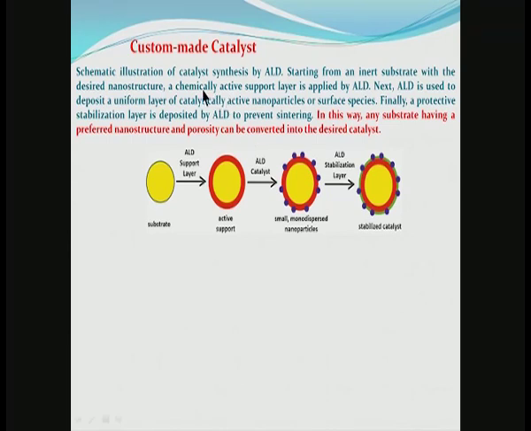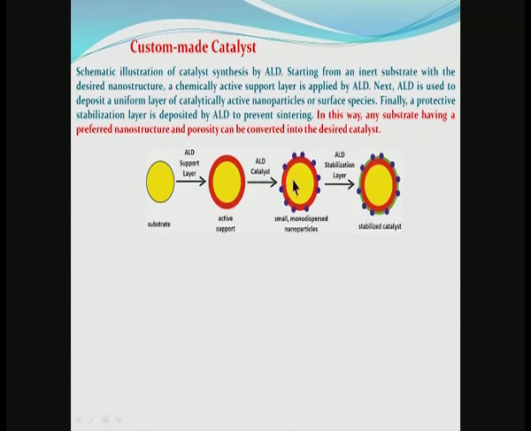Now, another example, so-called custom made catalyst. Catalysis is a very important part of technology, and it turns out it is possible, using the ALD process, to design catalysts, nanometric design of catalysts, custom made catalysts. What one does is to start with an inert substrate, let us think of it as some kind of a sphere, and that is coated with a so-called active support.